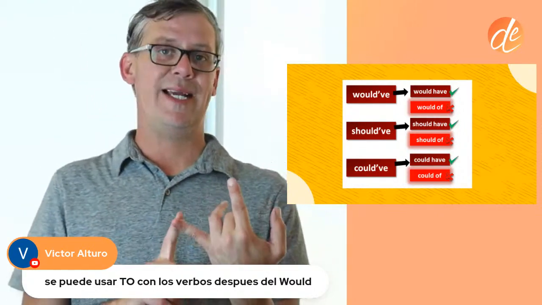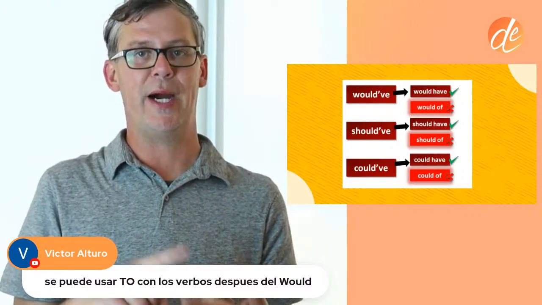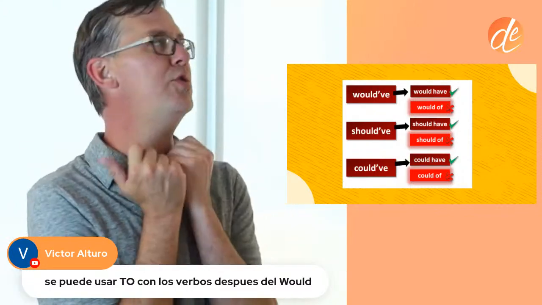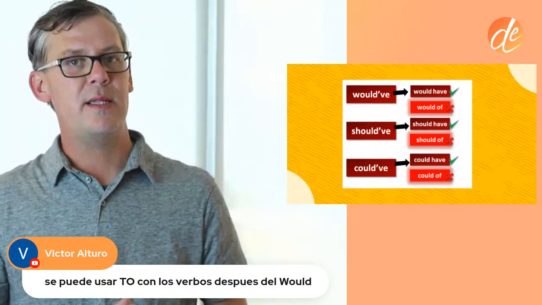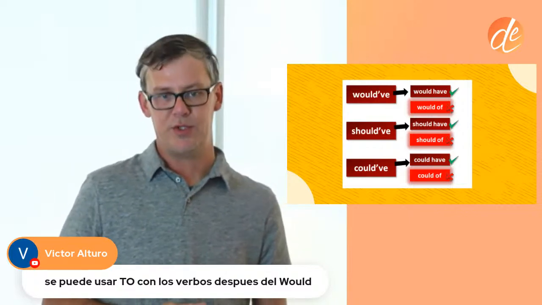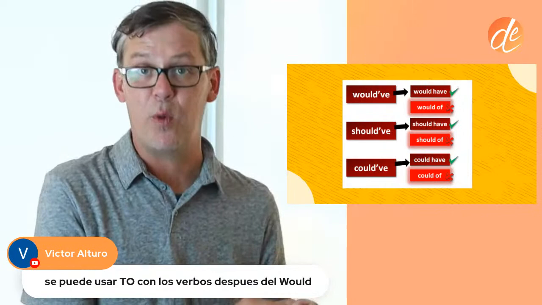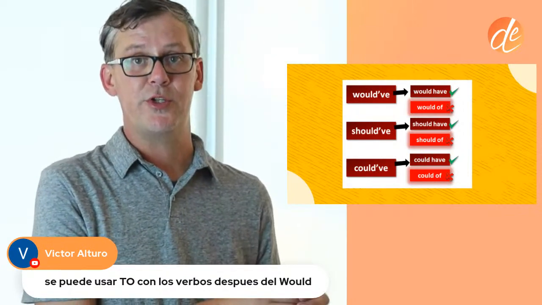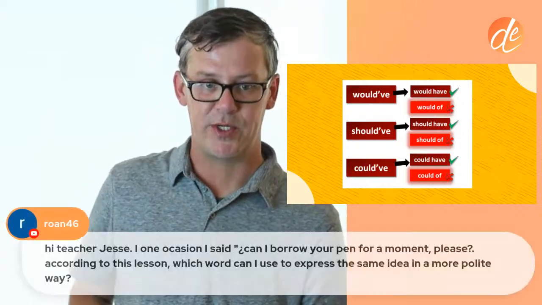So it's not I can to, I could to, I would to, I should to go. Oh, I should to go to the supermarket. No, okay? It's never going to be used with to. So to as a preposition will never be used before could, would, or should, and it will never be used after. So very, very good question.